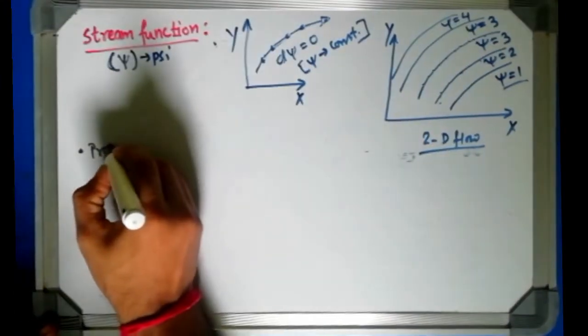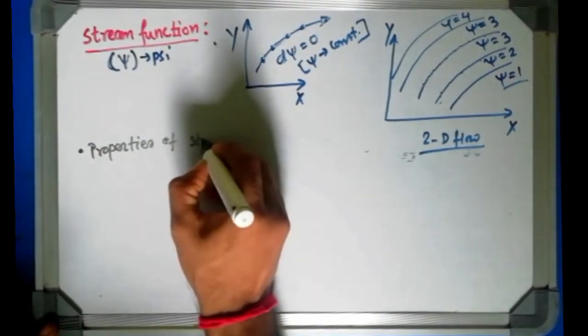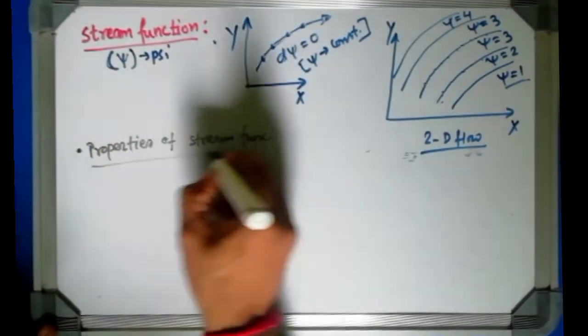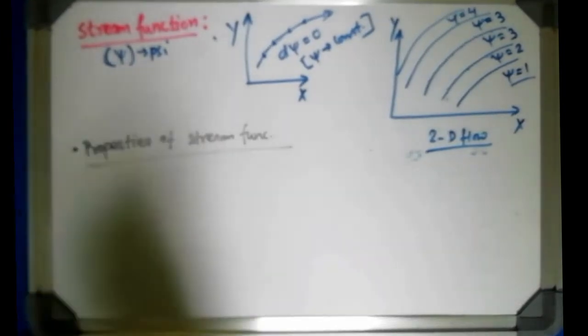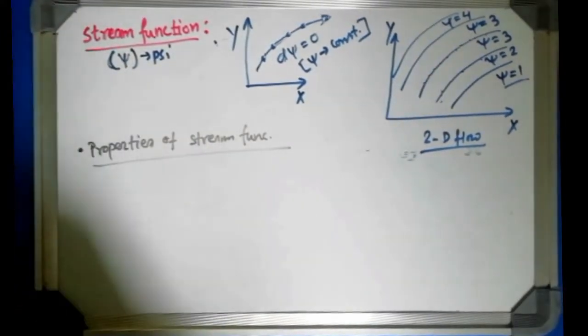Properties of stream function. What are the properties we can jot down over here? I can write one property like this.